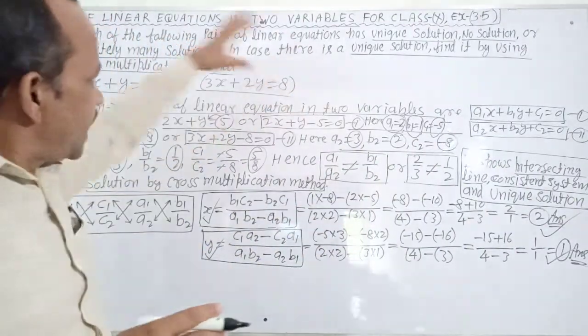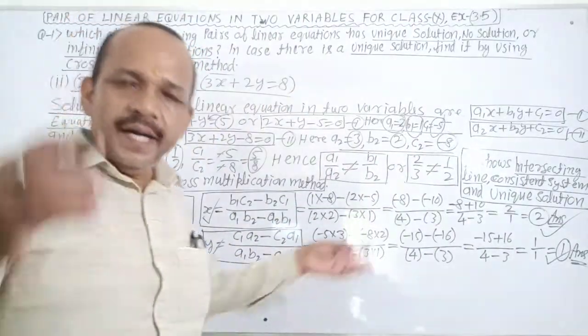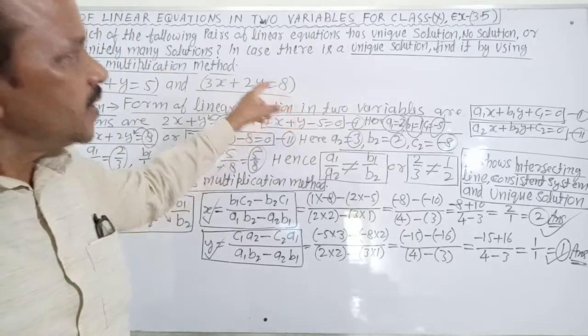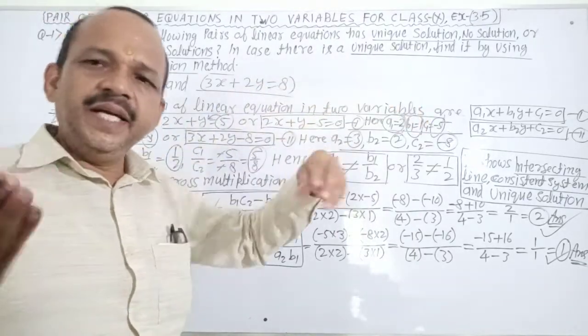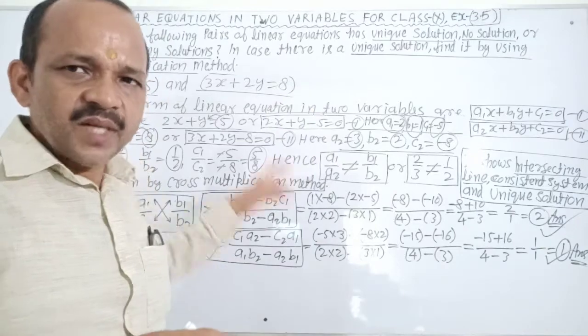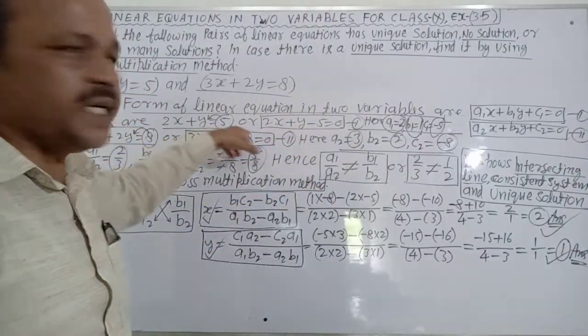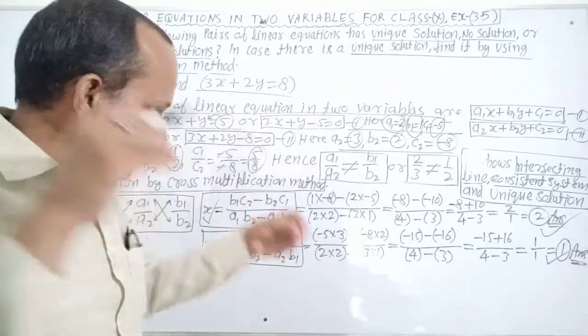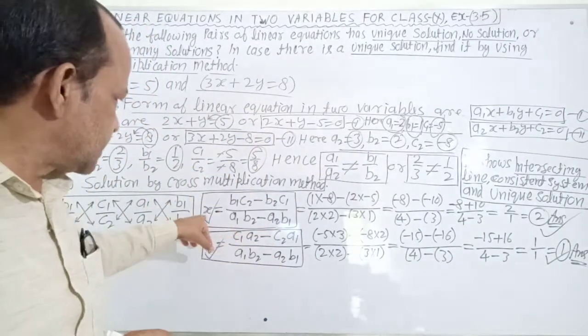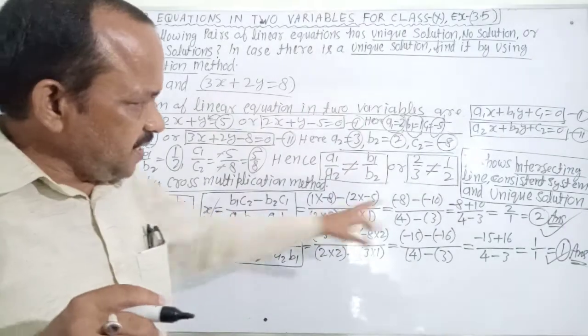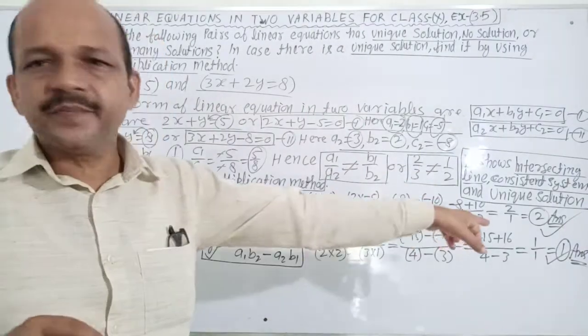Clear? You solve your question and you decide given equation shows unique solution, and then you solve given equation by cross multiplication method, and you find the value of x and the value of y. Value of x is 2, value of y is 1.